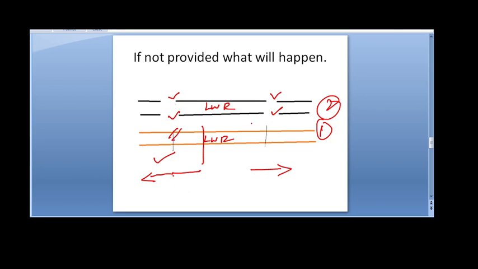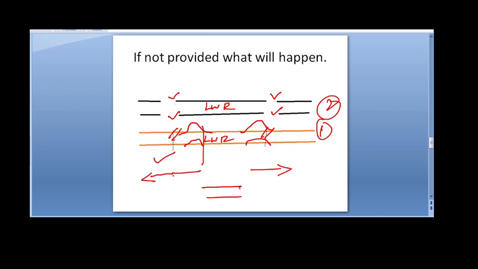If you don't provide any space here and here, this expanded length will go out like this. Wherever you have some weak portion, in that portion it will go like this. I hope up to here it is clear. So if you don't provide SEJ, expansion or contraction will not be possible.